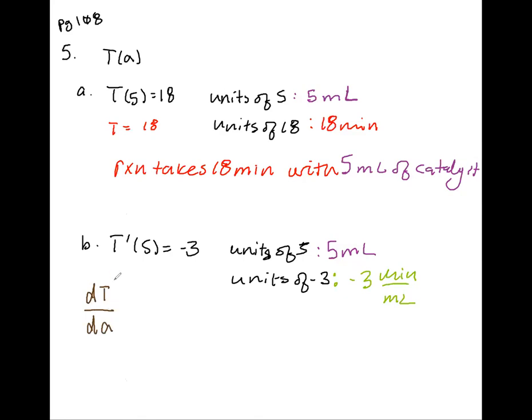So you can envision how these units look. This is how many minutes the reaction takes based on how many milliliters of catalyst added. That's one great way to visualize it. So yeah, we have -3 minutes per milliliter.